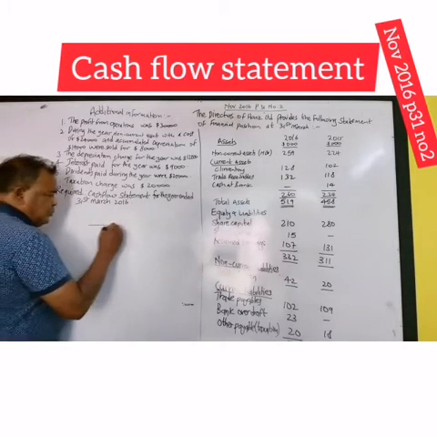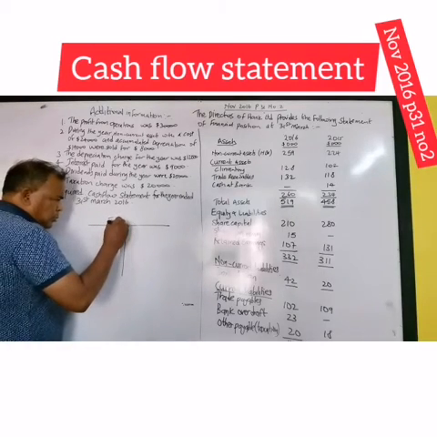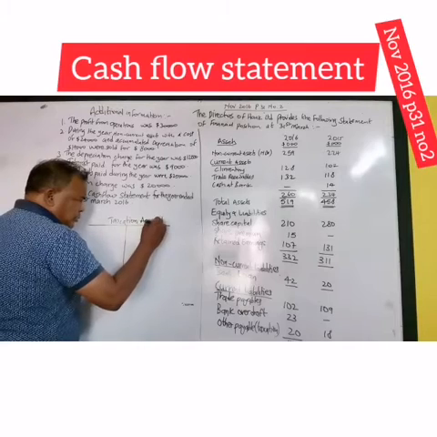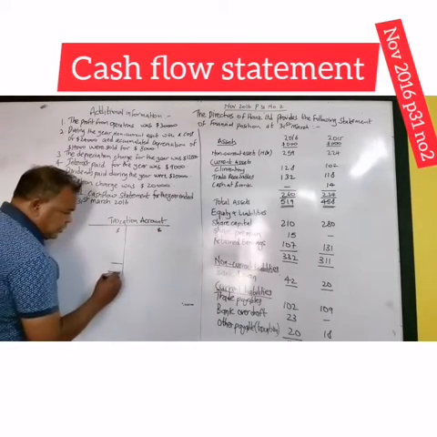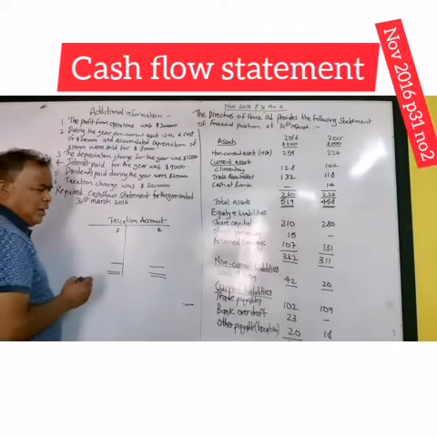Now, first we are going to see how to prepare the taxation account. We are going to prepare the taxation account, the amount to be transferred to cash flow statement. Tax is the liability.